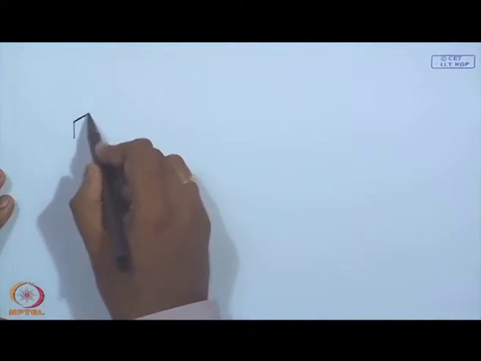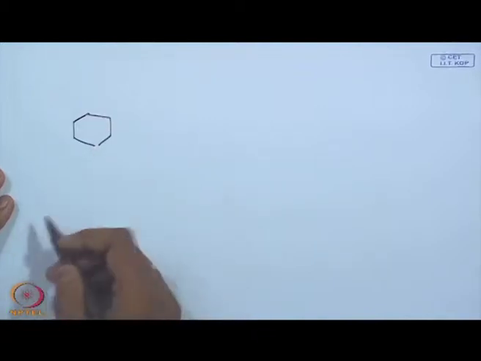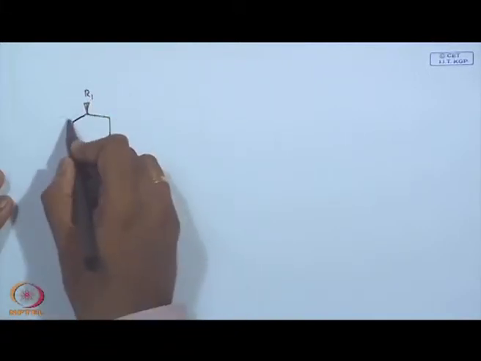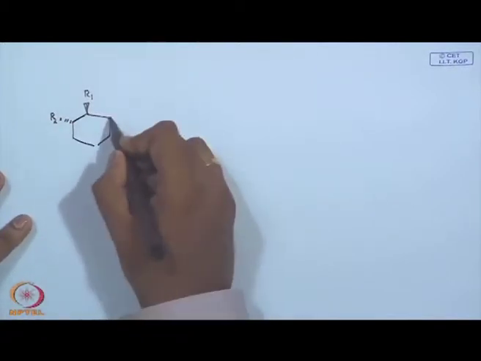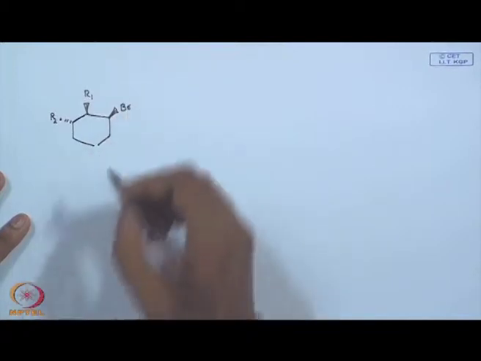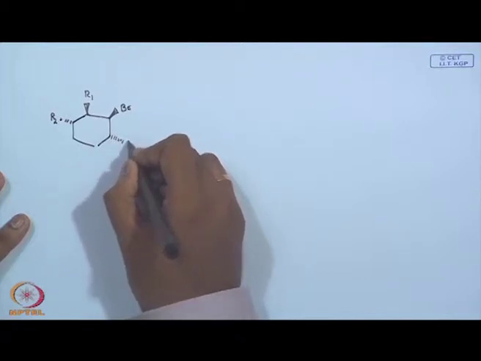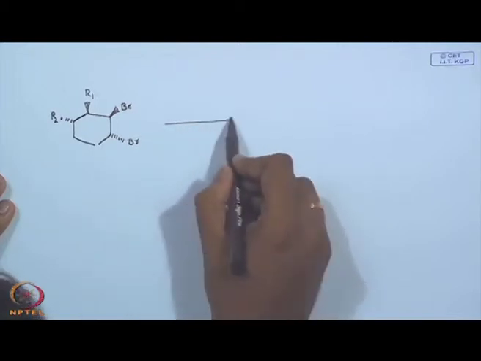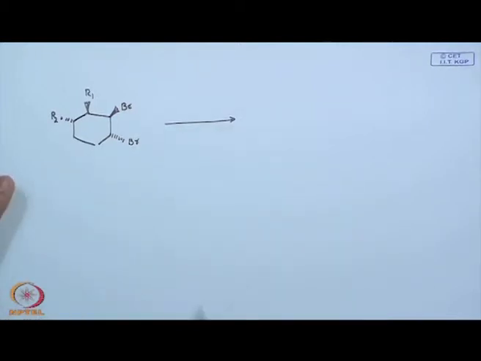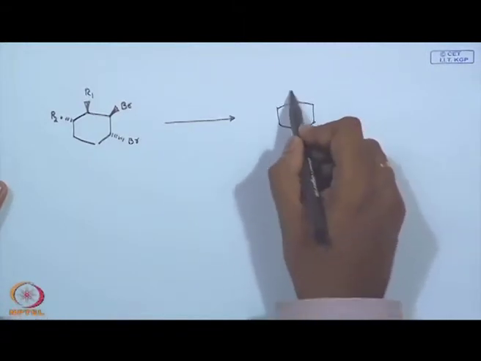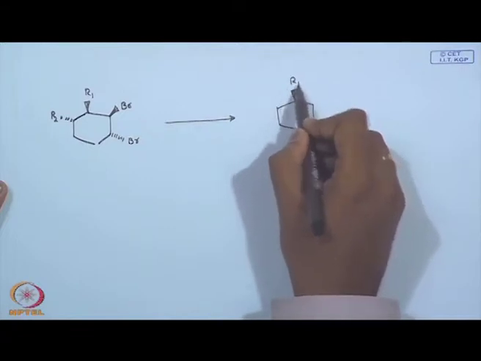Let us see a very nice example. We take a molecule with R1 here and R2, and see the stereochemistry: I have a bromine here and another bromine there. If you take this and do the reaction, you get this product, very interesting, the same product.